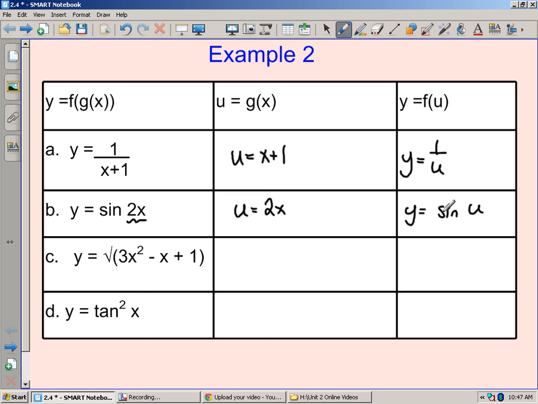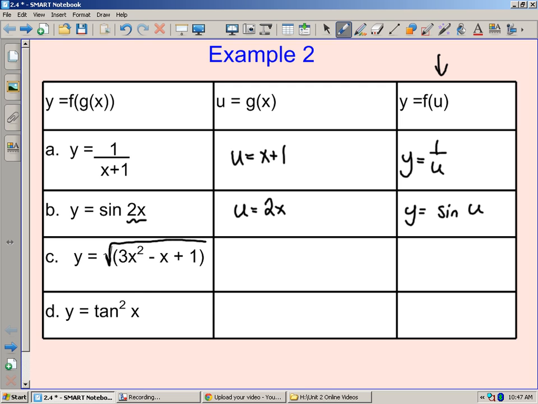And so we'll talk about it. So we'll take the derivative of this function, and then once we take the derivative of this function, we'll multiply by the derivative of this function over here, and that's pretty much the chain rule.